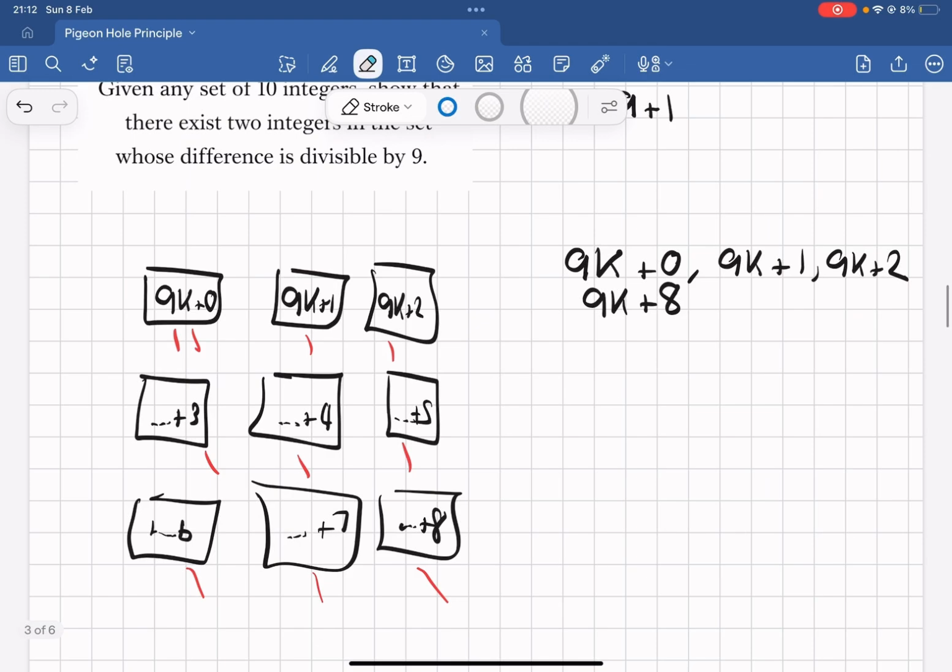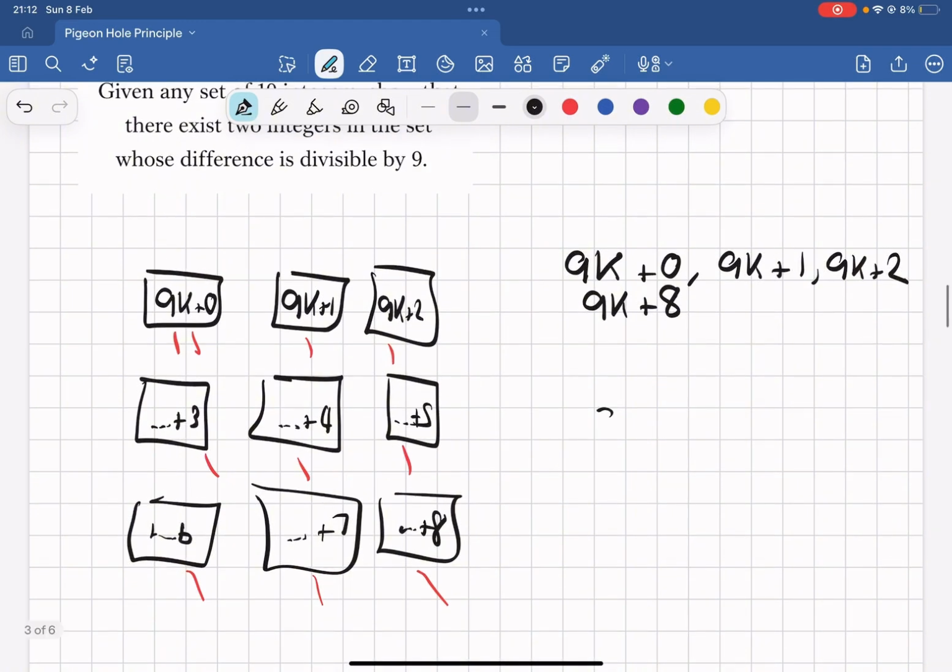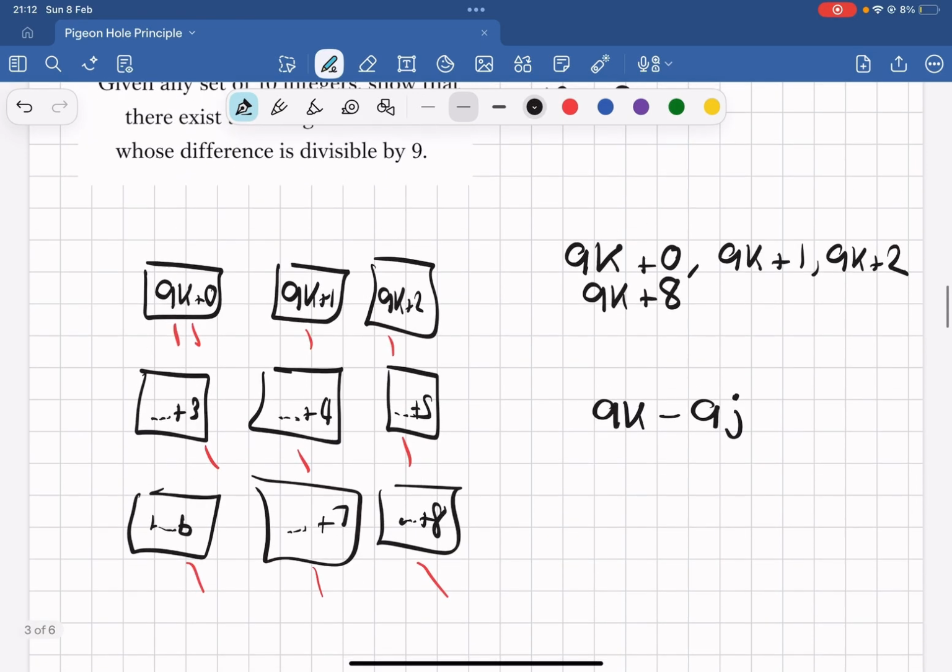So back to what I was saying, we've got two numbers that are multiples of 9. Now if we subtract them, we know that numbers that are congruent to each other, when you subtract them from each other mod n, you'll find that the difference is congruent to 0. So let's just show this: 9k plus 0 minus 9j, for argument's sake.